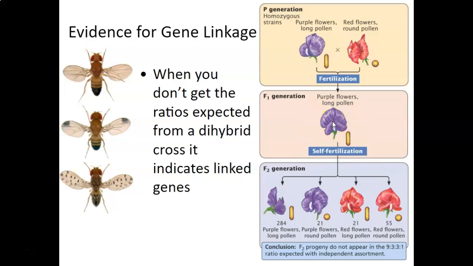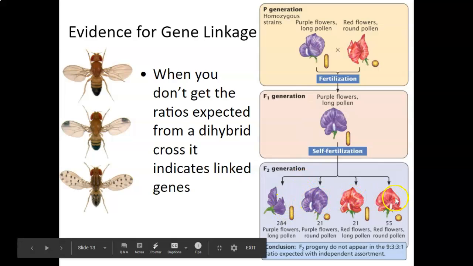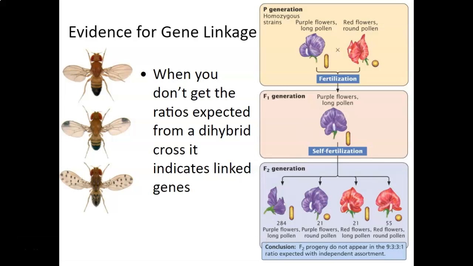Because that's what would typically happen with the dominant trait. But then when you do the F2 generation by self-fertilization, you do not see the typical 9:3:3:1 ratio. Because we don't see that, we can assume that there's something funky going on, and it's probably due to linked genes.